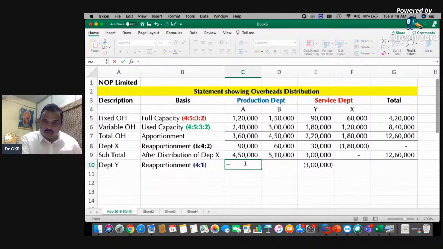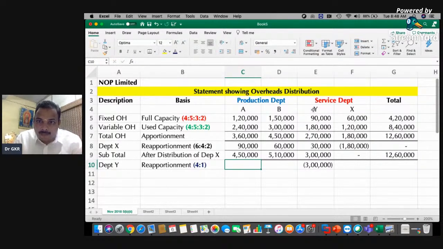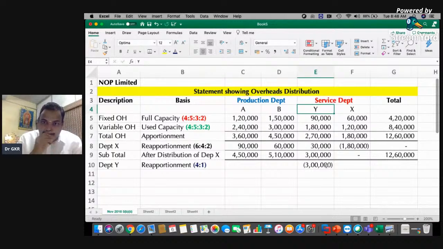1,80,000, we are giving it to how much? 4:5:2. I'm sorry, I think I made a mistake here. This is X. This is Y. I think while distributing, I made a small mistake.